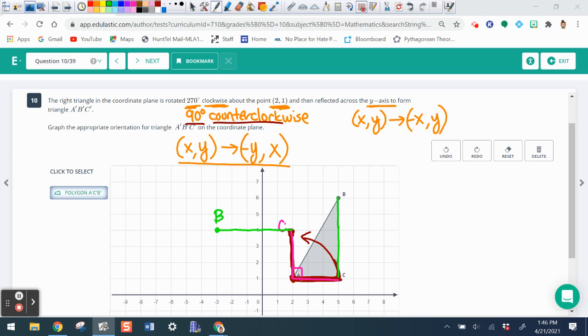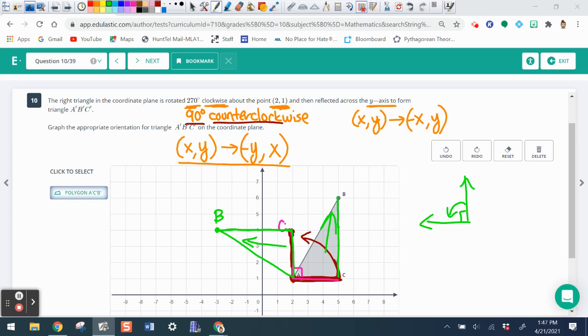So B is going to end up right here. So if you kind of picture it, the triangle was pointing up and now it's pointing left, if you will. And that is a 90 degree counterclockwise rotation. So that part we actually did correctly without using the function.